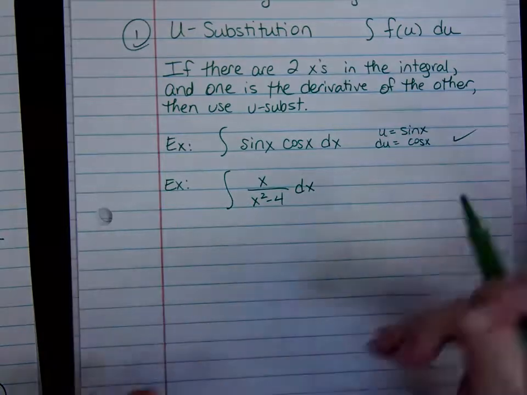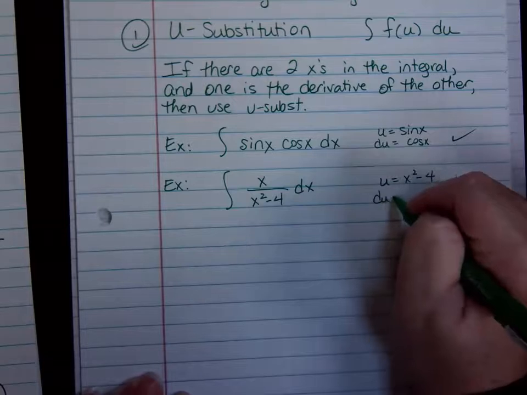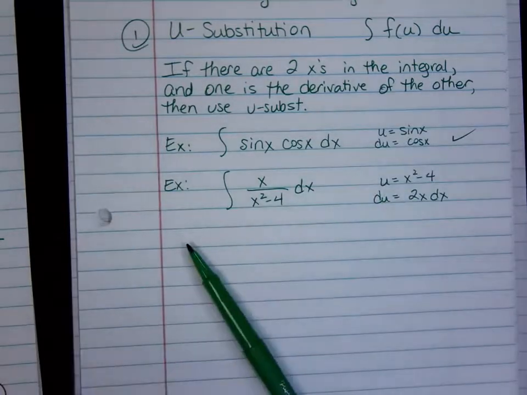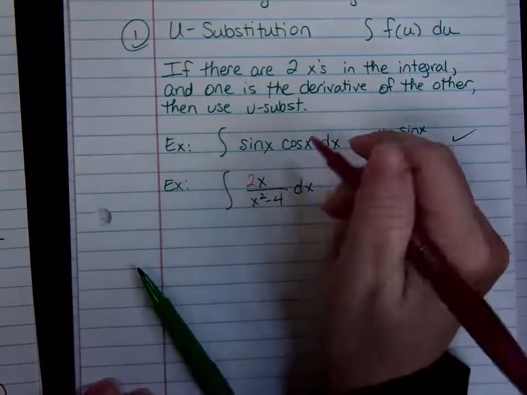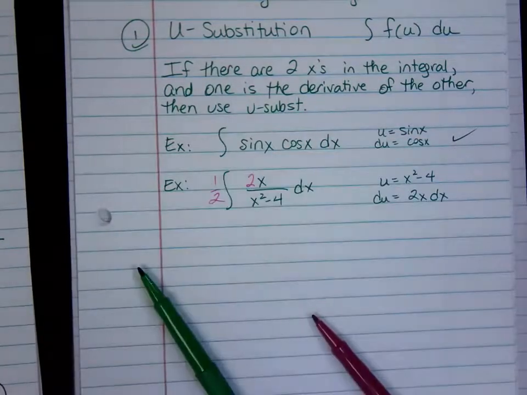So in this case, u would be the denominator, du would be 2x dx, which means I would need a 2 out on top with the x and a 1/2 outside. If you can fix the integral to where the top is the derivative of the bottom without factoring and splitting your fractions and all that stuff, this is much faster.